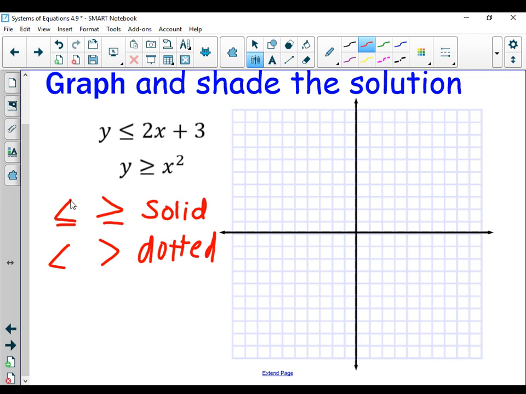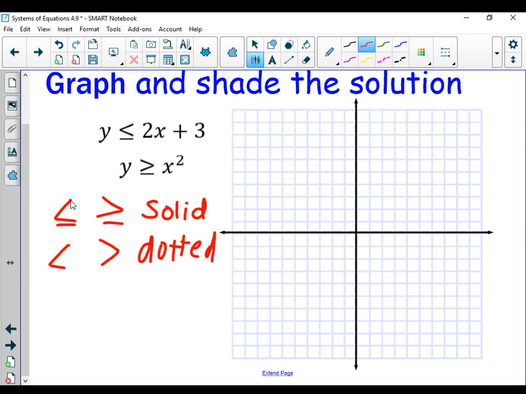If it was a less than or equal to sign or a less than sign, did you shade above or below? Think of less than. Below. It has to be below it.